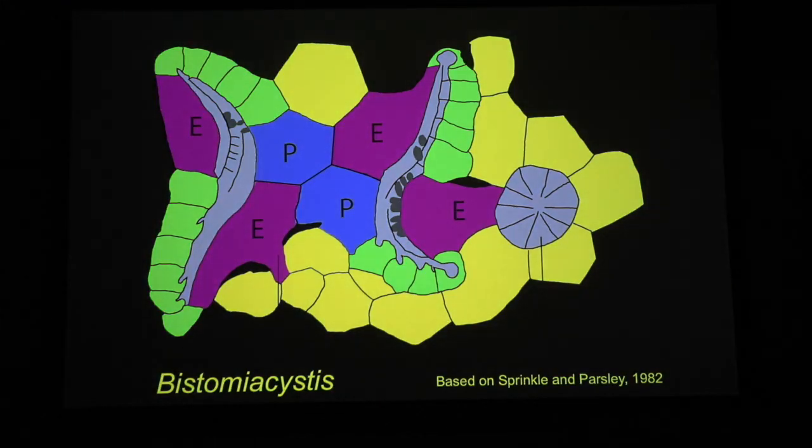To show you the power of universal elemental homology, I'd like to show you Bystomia cystis. The original description defined edge plates here in pink and peristomal plates here in blue on an otherwise weird curved ambulacral system with two separated mouths. If we look at this through universal elemental homology, though, it actually makes much more sense.